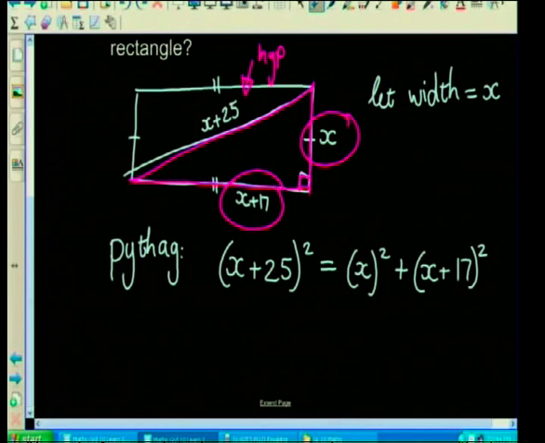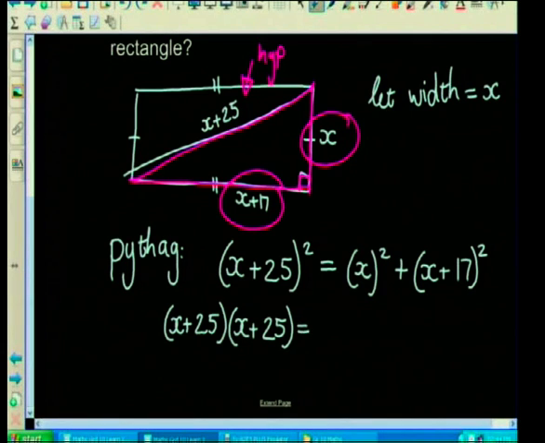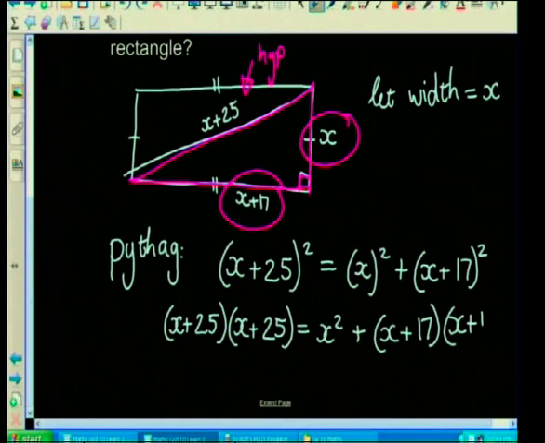Let's multiply it out, and I'm going to do that by doing FOIL. So that means I'm going to rewrite all of the brackets and then do FOIL in the next step. Well, x squared can become x squared, and then we're left with x plus 17 and x plus 17.